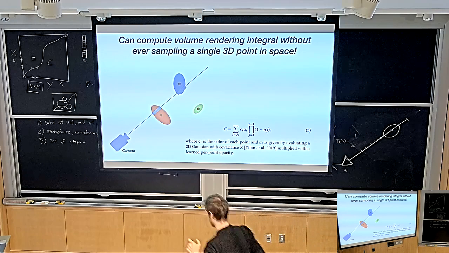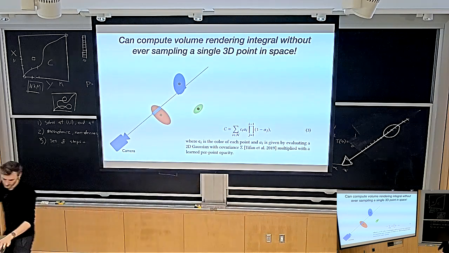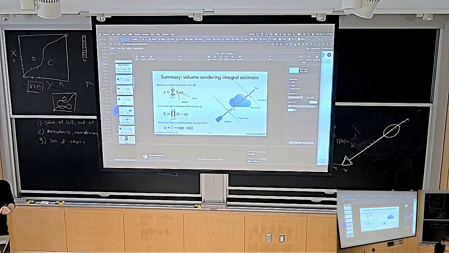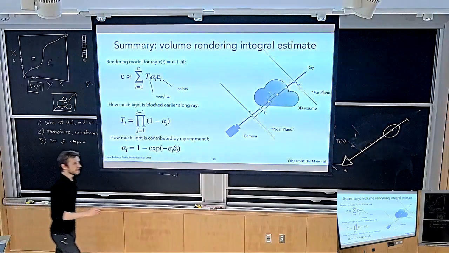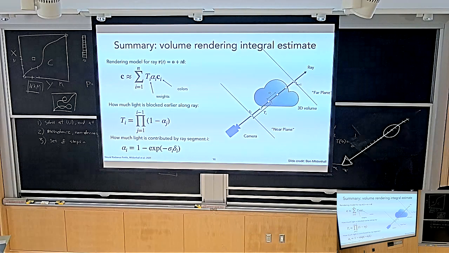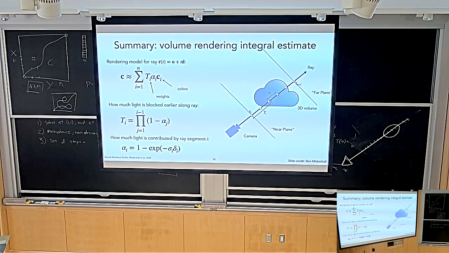Okay, let me put this in slightly different terms. This is in the end how we evaluate our color for the ray under volume rendering, right? Previously this T_i and this alpha_i we had to compute via these samples, and now you don't have to take these samples anymore.